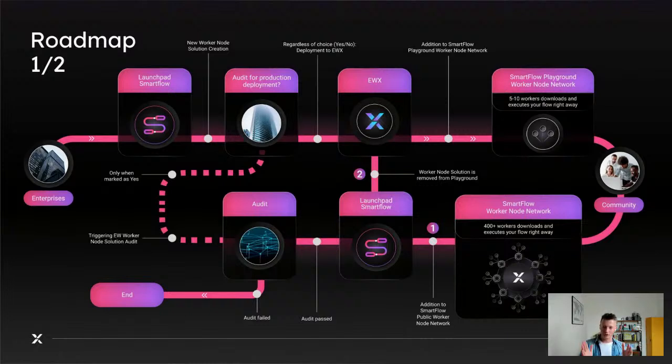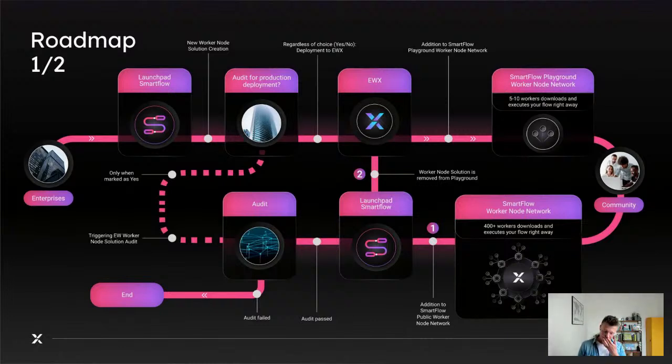Once we validate your solution and check whether the contents are all fine and suitable for the public pool, we remove it from the playground and ship it to the actual SmartFlow public pool. So if your solution is audited properly and confirmed, it will be added to the SmartFlow worker node network. And all of those, I think roughly several hundred workers are already subscribed to it, will download it and start executing it. So that's the current flow.